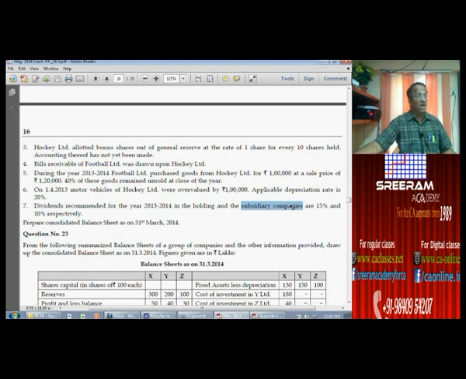But we will have one problem. What is the sort of problem? If I have to report proposed preference dividend for the group as a whole, how much should I disclose as proposed preference dividend? Parent's preference share capital 10% I have to take up.